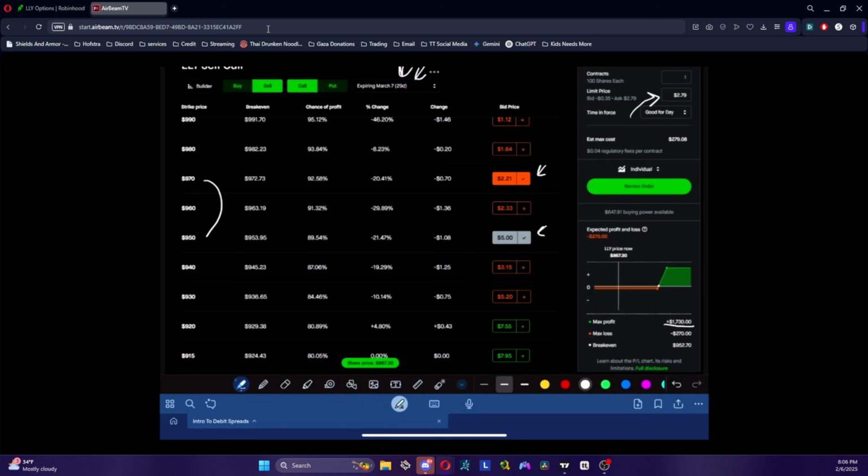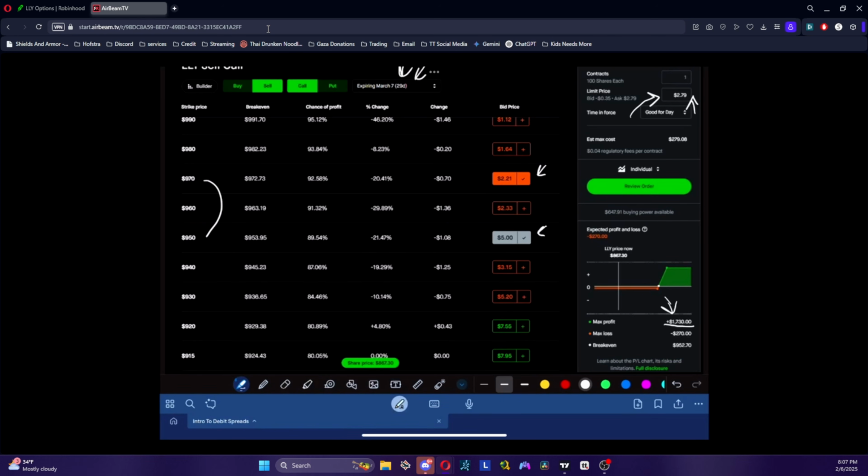But how did we go from risking 279 to getting that much? This is where debit spreads shine, because you can risk such little capital for a long-term trade and get amazing rewards in return if it works out in your favor.